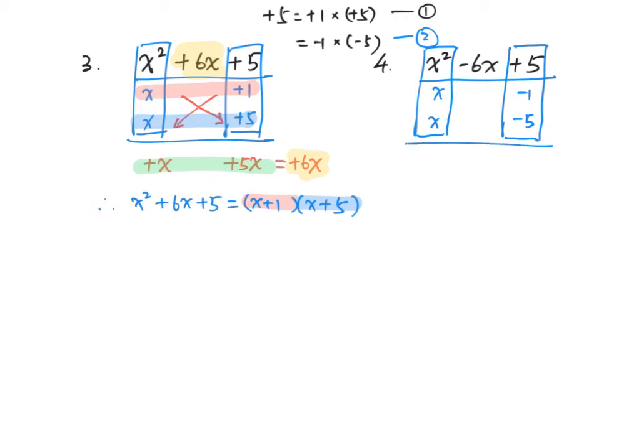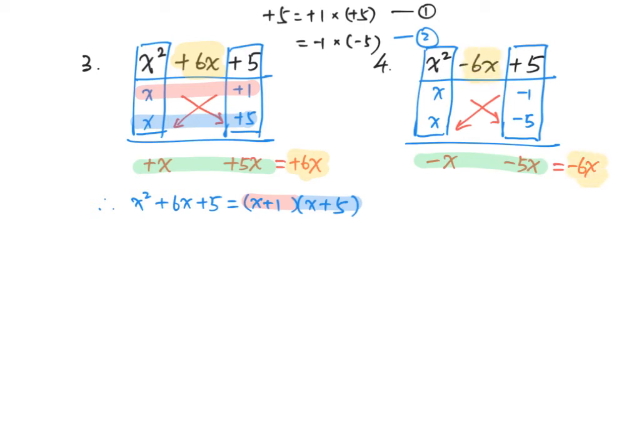So negative 1 times x gives us negative x, and x times negative 5 gives us negative 5x. So we add them together: negative x minus 5x equals negative 6x, which is exactly the same as the middle term, negative 6x.